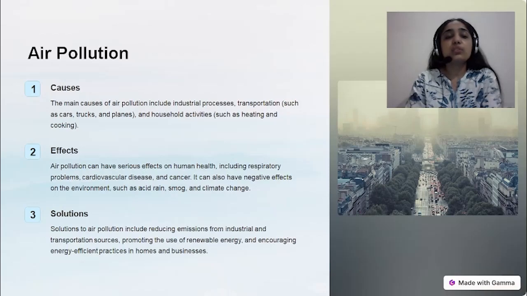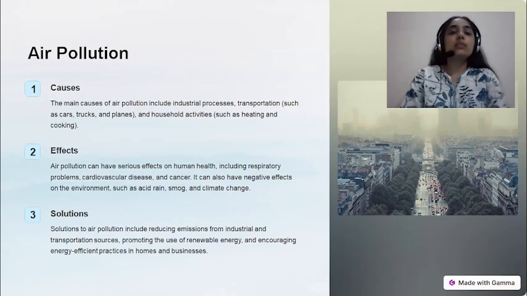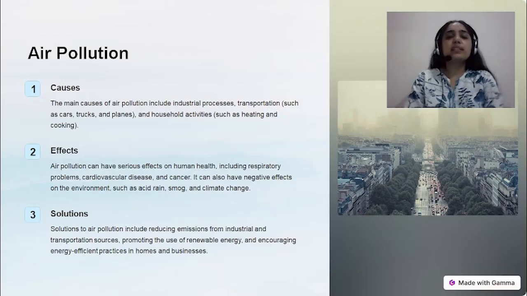Solutions to air pollution include reducing emissions from industrial and transportation sources. As we already know, if there is less emission from industries and transportation sources, and if we want to cover a small distance, we can cover it by walking.